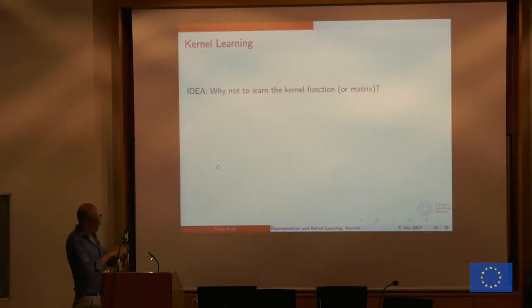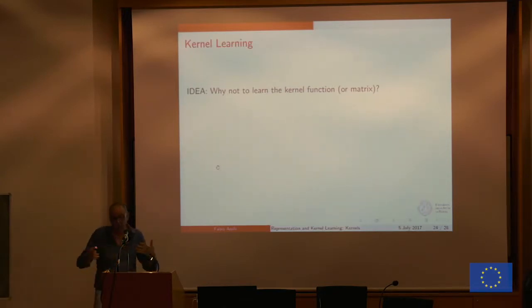Now that you have seen many kernels, so many different representations, the thing now is, with this plethora of different representations and kernels, how can I choose the one that is the best?